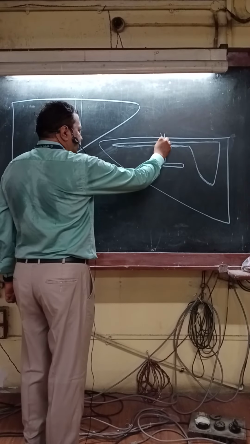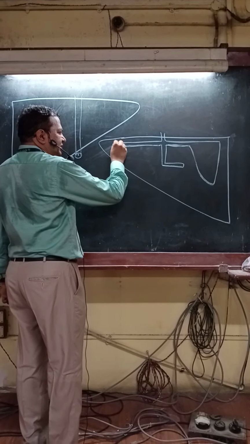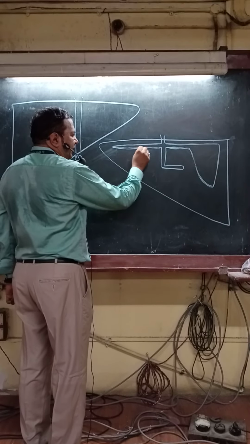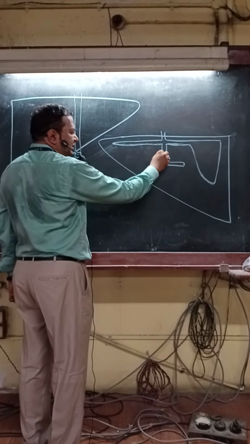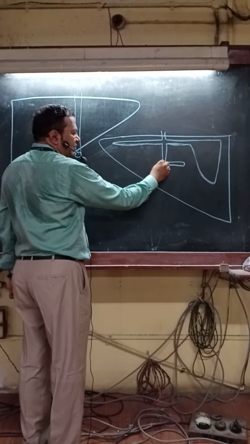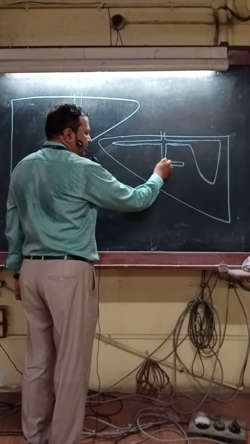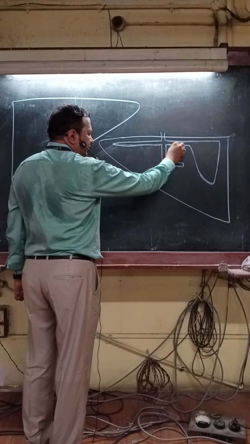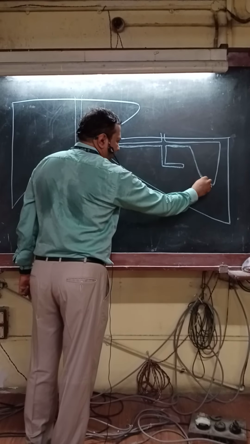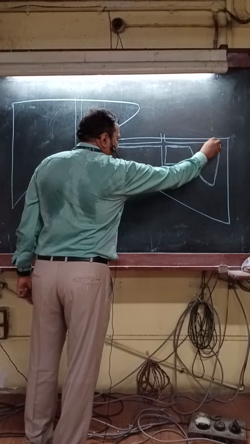So, falciform ligament, what is this? Left triangular ligament. What is this? Fissure for ligamentum venosum. What is this? Porta hepatis, fissure for ligamentum venosum, bare area of the liver, and back.